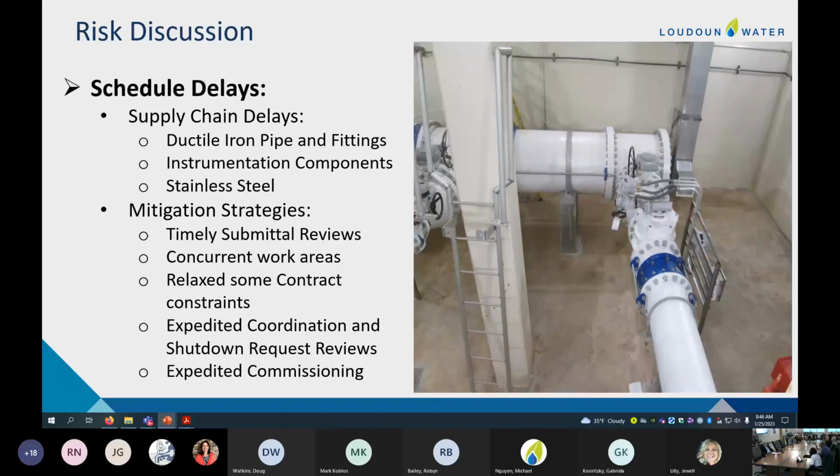I was just wondering about the Loudon Water staff. There's two of us serving the project. But they're also Loudon Water inspectors, right? Correct, there are also Loudon Water inspectors as well. There's a split on the inspectors, so we have half covered by Loudon Water and half by Hazen.